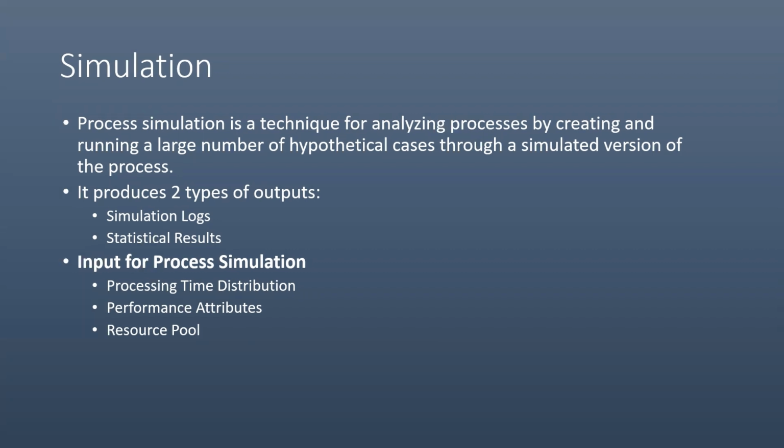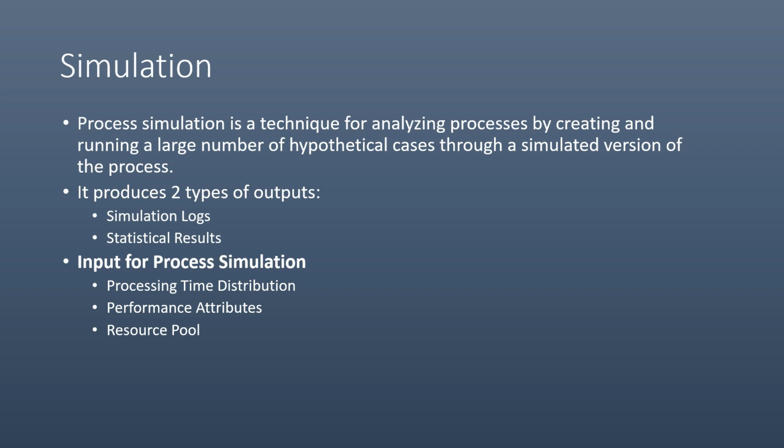Speaking about the input for process simulation, to run a process simulation, several details must be defined for each task: processing time distribution, performance attributes, and resource pool. So, what is processing time distribution?